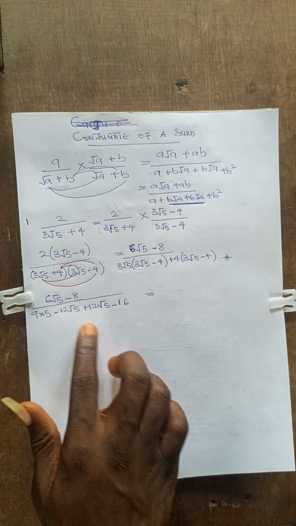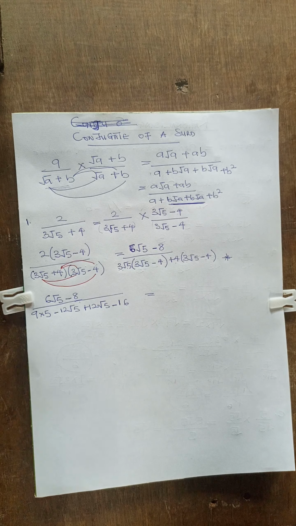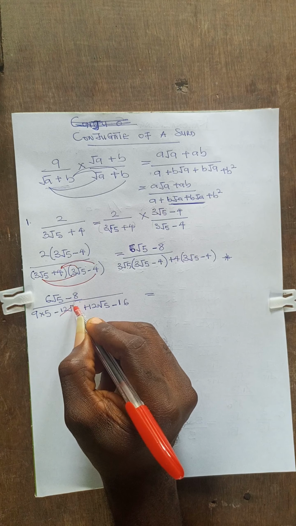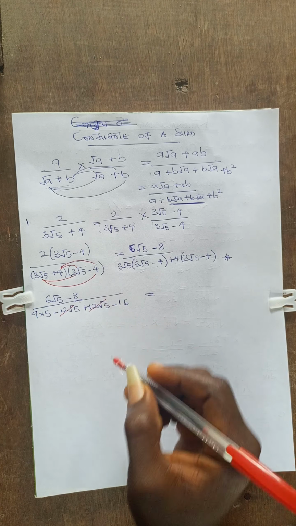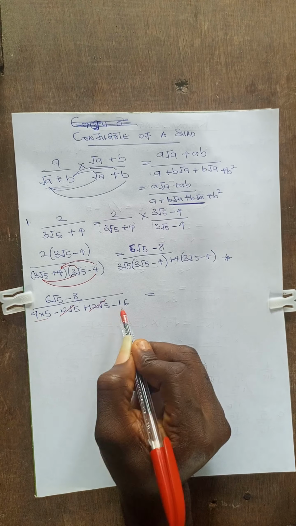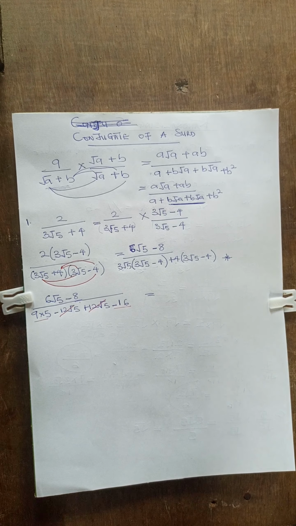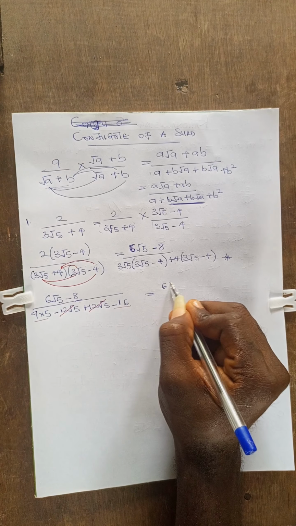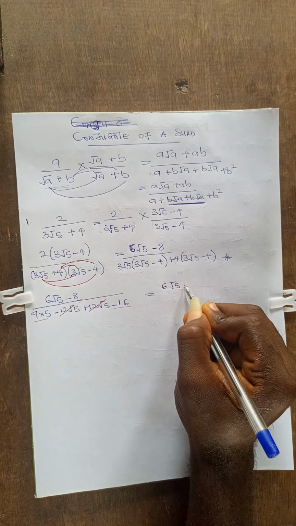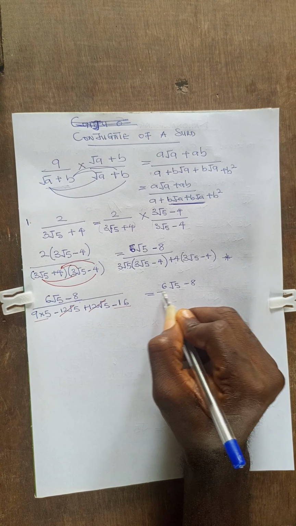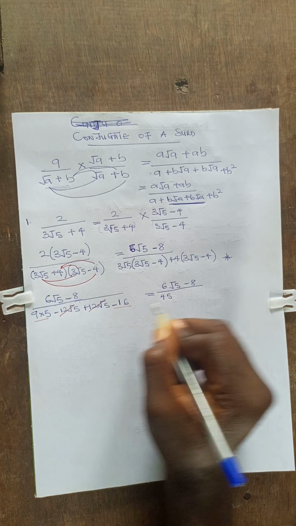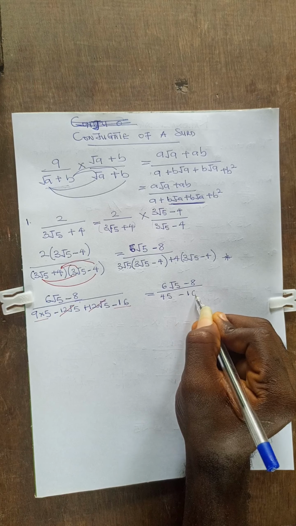So we can cancel this and this. Plus 1 minus 1 is 0. Minus 1 plus 1 is 0. So this one can cancel this one. The only thing we have here is these two and this one. That is all. So if you want to write this, 9 times 5, from the top first, you get 6 root 5 minus 8 all over 9 times 5, which will give us 45, then minus 16.